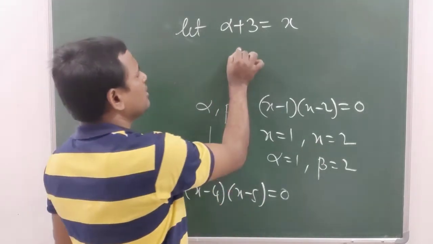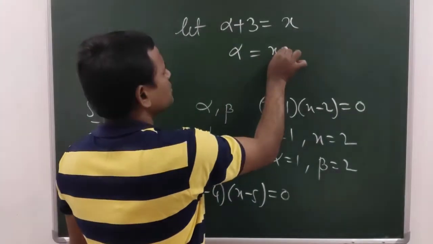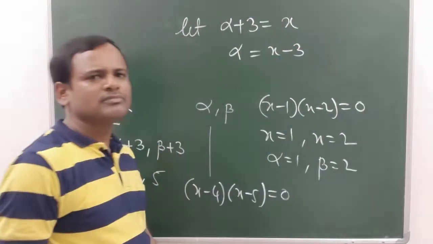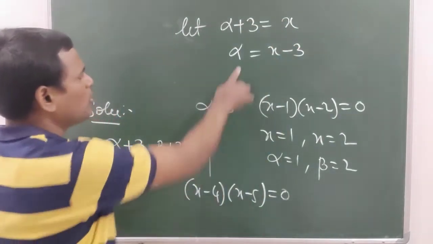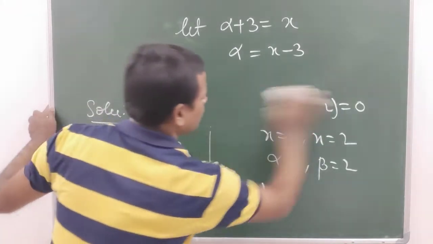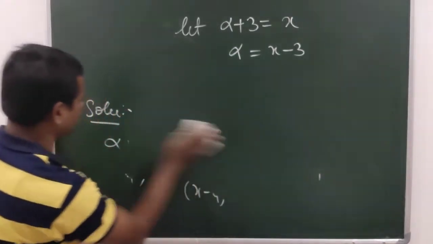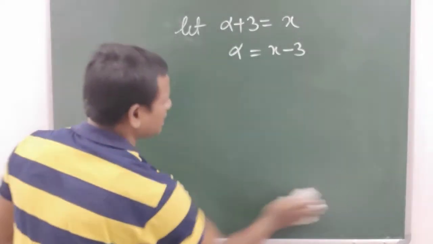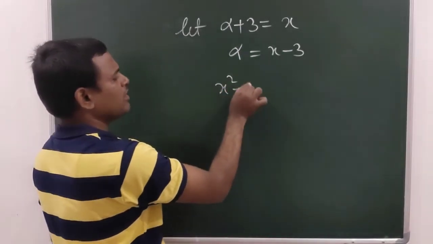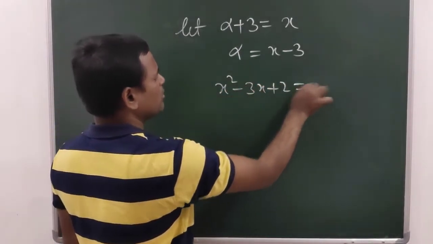Now alpha is equal to x minus 3 we will get. As you know, alpha is one of the roots of the given quadratic equation. What is the given quadratic equation? x square minus 3x plus 2 is equal to 0.